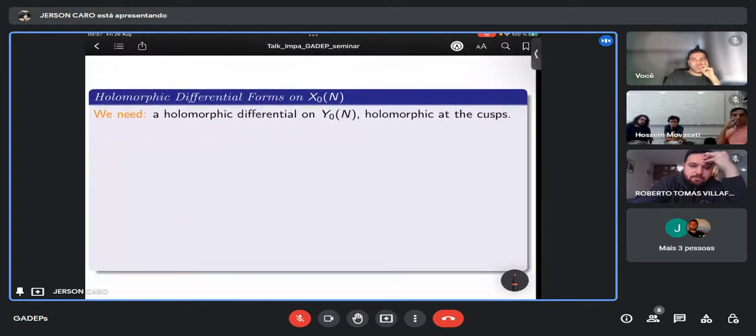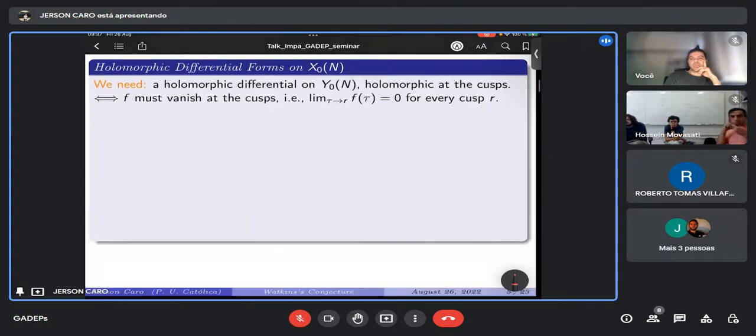What is the other relation? To get a holomorphic differential form on X_0(n), we need a holomorphic differential on Y_0(n) which is also holomorphic at the cusps, the other points that we put in X_0(n). So f must vanish at the cusps.